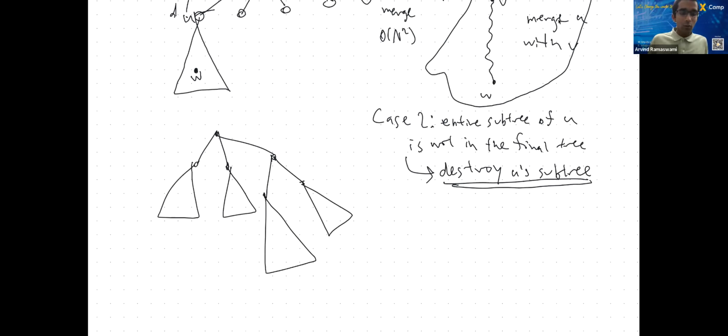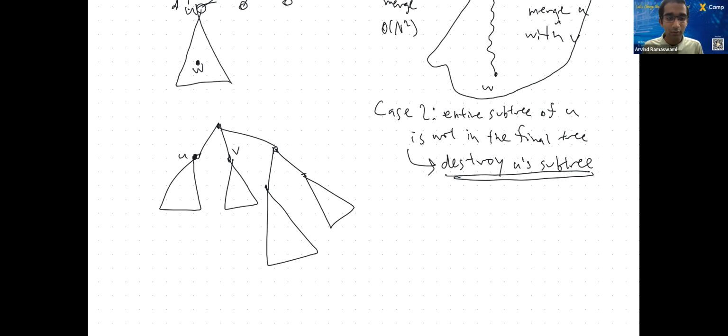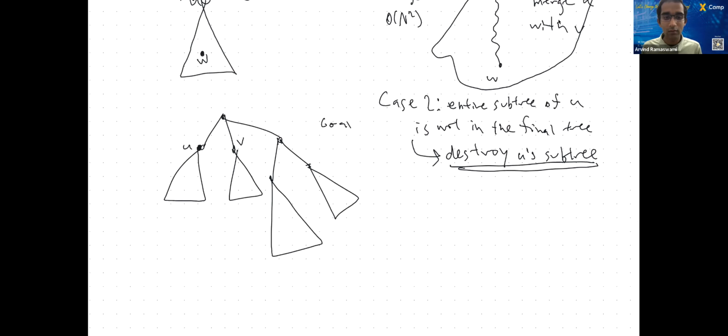And let's say you want to destroy U's subtree, and you want to check if V can destroy U's subtree, and V is on the same depth as U. So how do we check if V can destroy? So the goal is to check if V's subtree can destroy U's subtree.